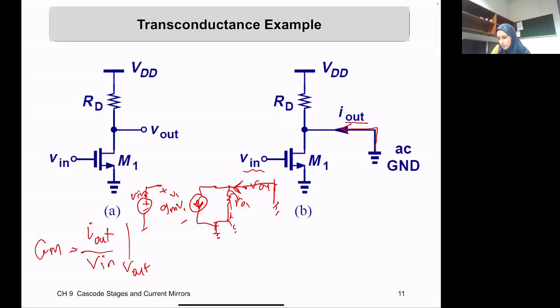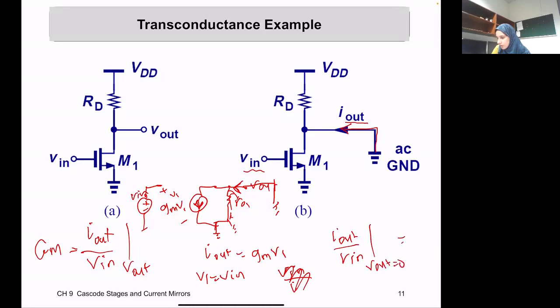So all I out will equal GM times V1. And as previously, V1 is equal to Vn. So I out over Vn when V out equals 0 is just equal to small gm. So capital GM equals the transconductance of just M1 alone.